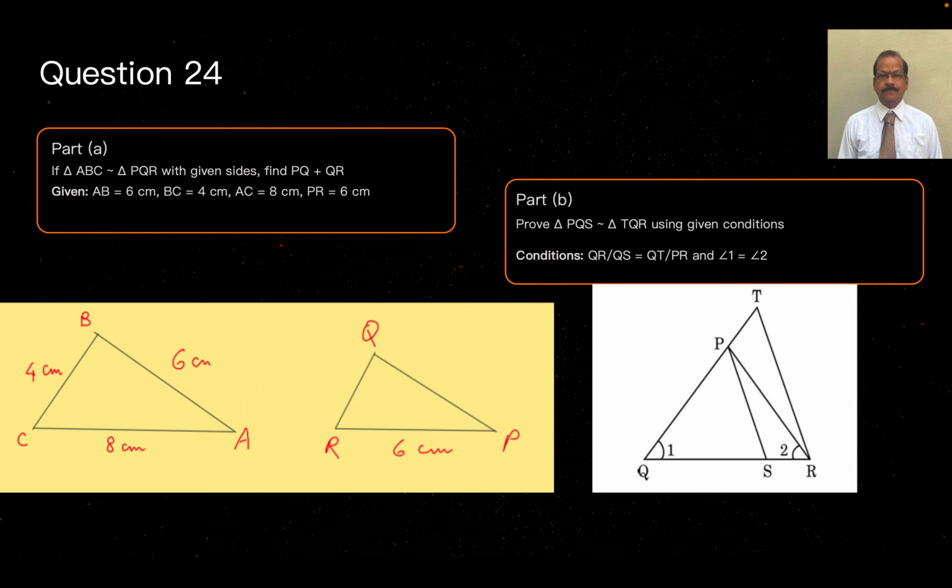So the scale factor between ABC and PQR is less than 1. It is 3 by 4 actually, because it is 6 centimeters divided by 8 centimeters, which is 3 by 4. Okay, so let us see what the scale factor is.